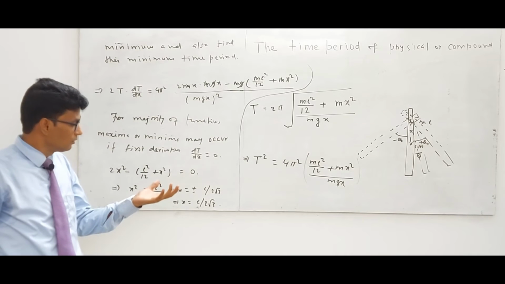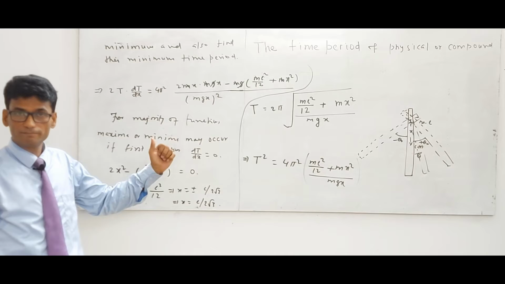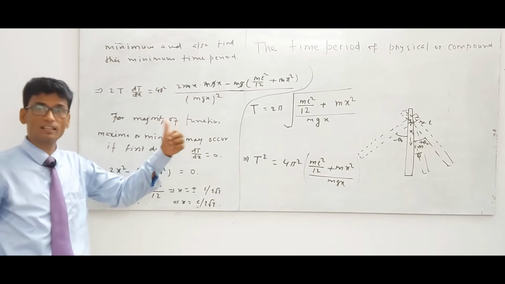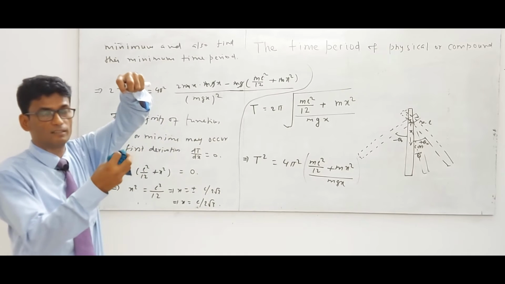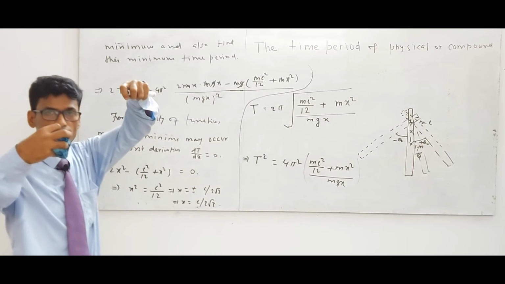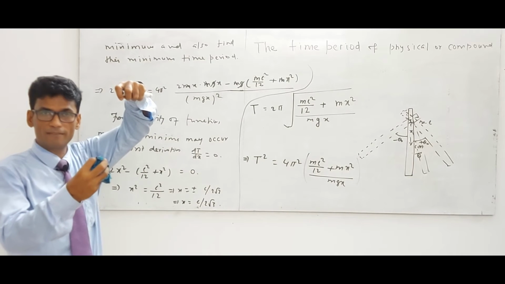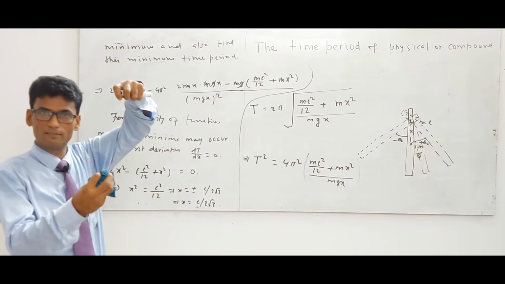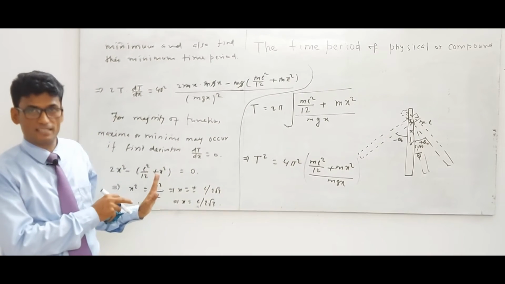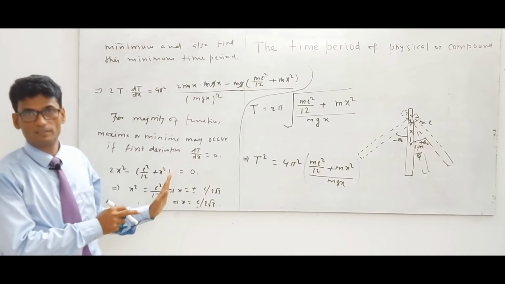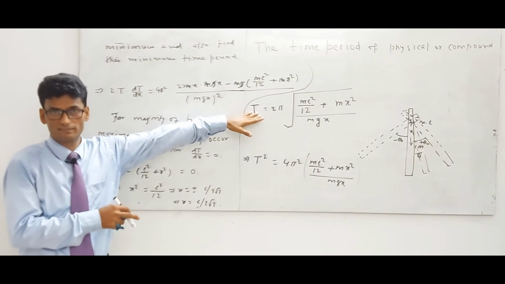As we have learned with the simple pendulum, as the angular amplitude theta increases, the time period increases. That is why the maximum correction does not arise here, because the oscillation is very, very small. That is why this formula fits. Otherwise, not.